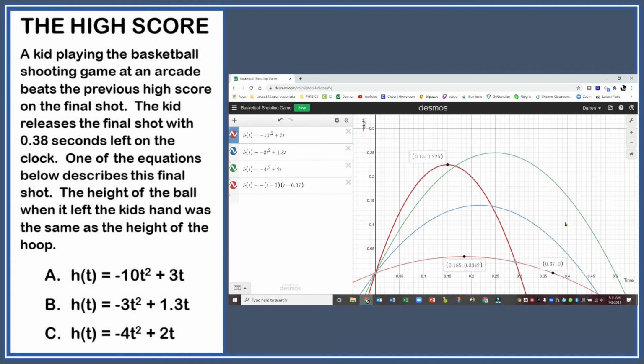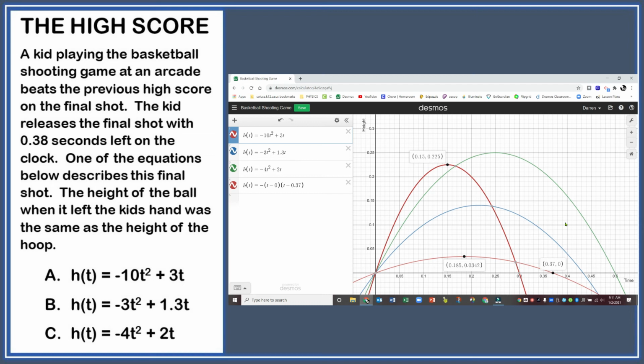In summary, we solved this problem by making a graph that has time on the x-axis and height on the y-axis. Then we used the Desmos graphing calculator to graph all three of the given equations. We knew that we could choose the right equation out of the three that they gave us by looking at the time. The problem told us that there was only 0.38 seconds left on the clock when the ball left the kid's hands.